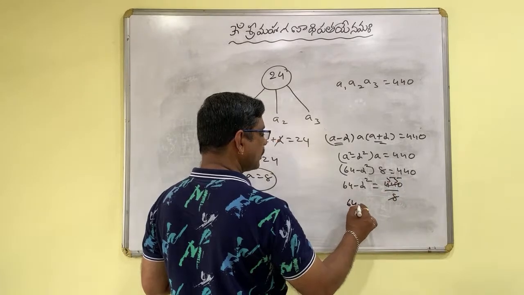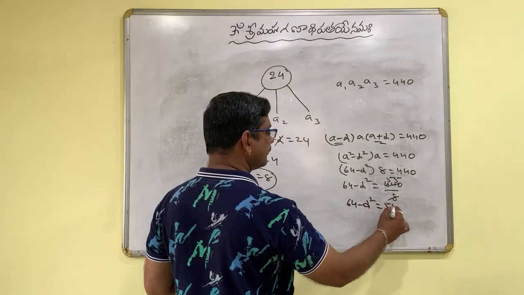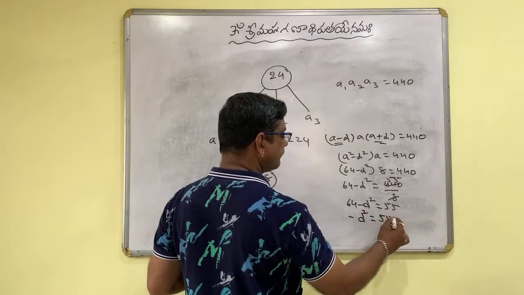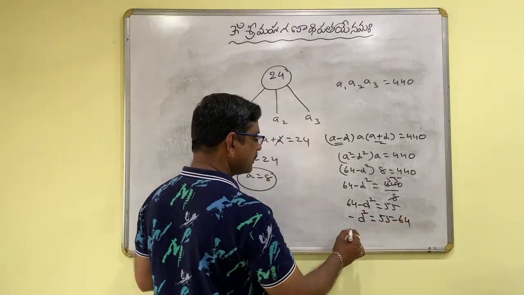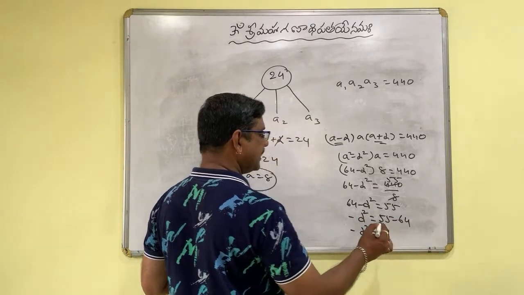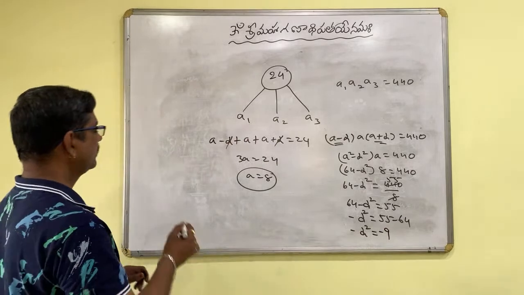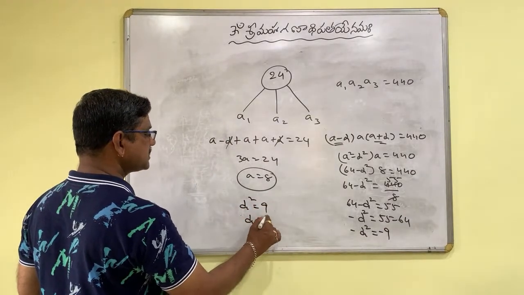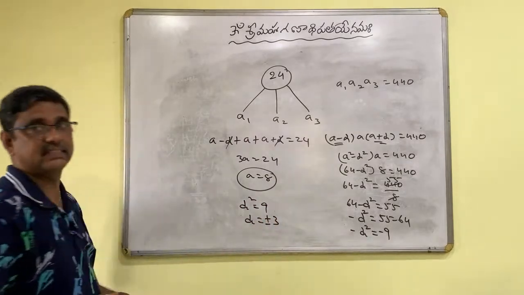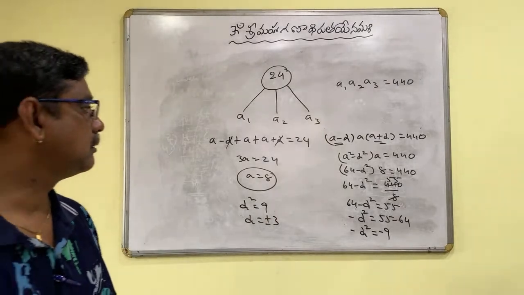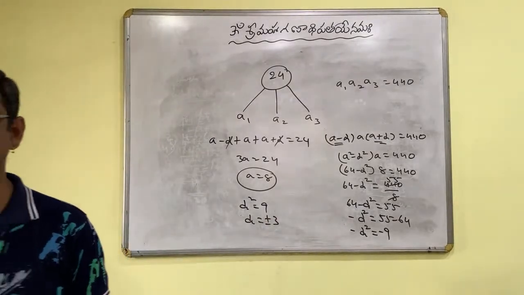So 64 minus D square is equal to 55. Minus D square is equal to 55 minus 64, minus D square is equal to minus 9. D square is 9. D is plus or minus 3. That is what you have to take.